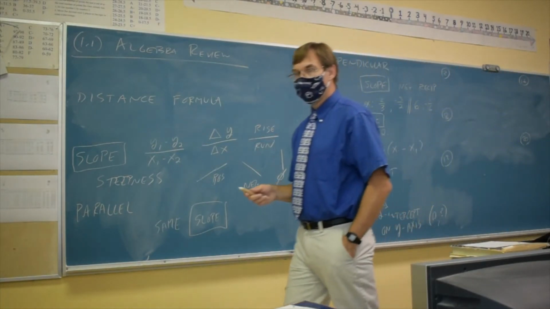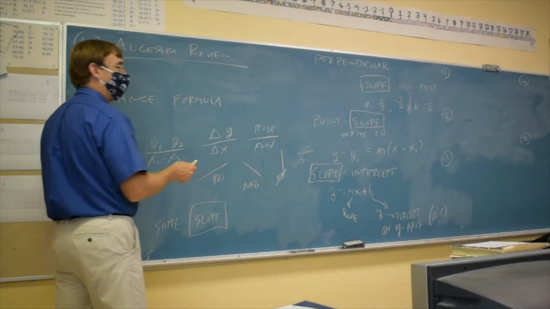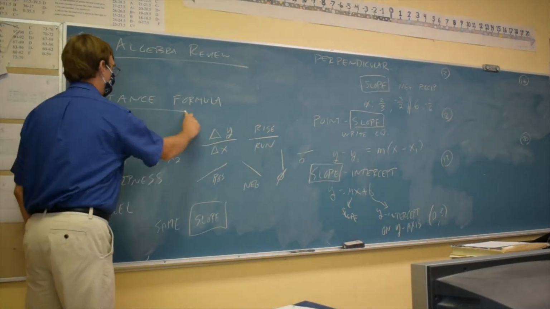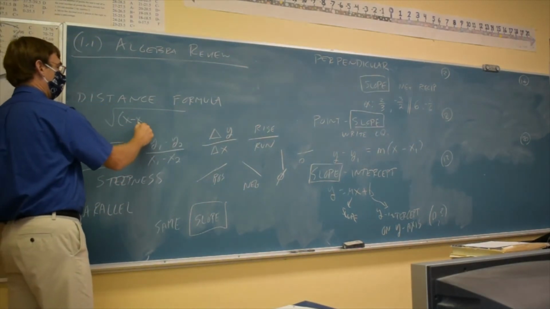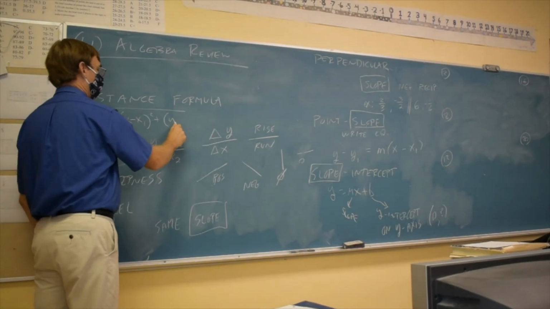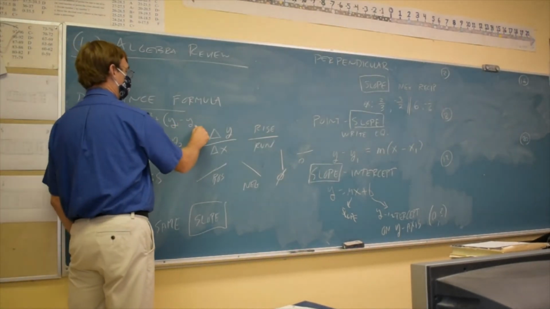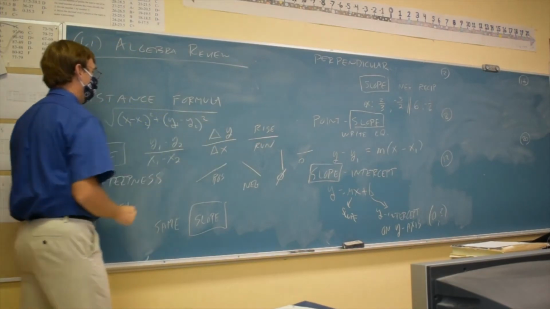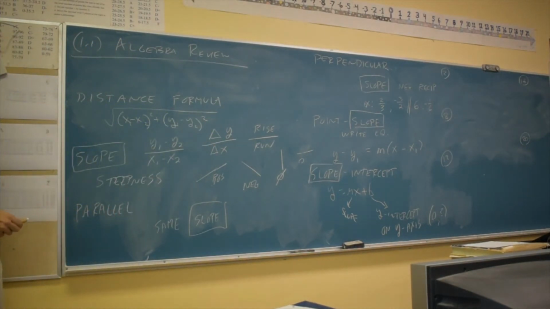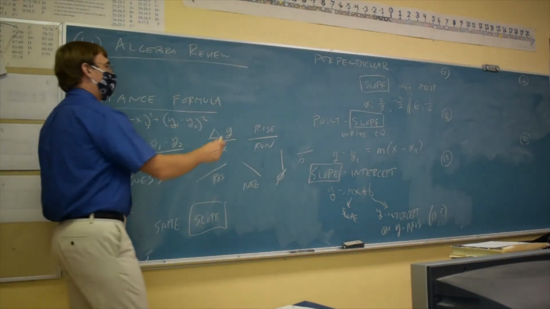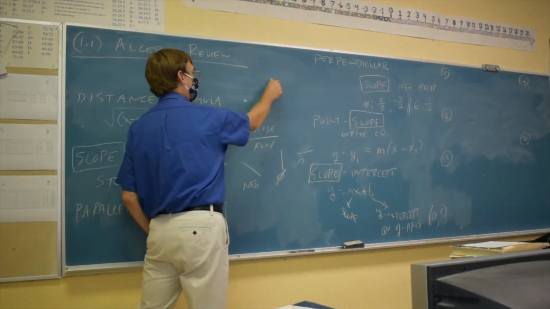Distance formula is just used to figure out how far apart things are. So this is the distance formula. That is the distance formula. The distance formula is actually a familiar friend.